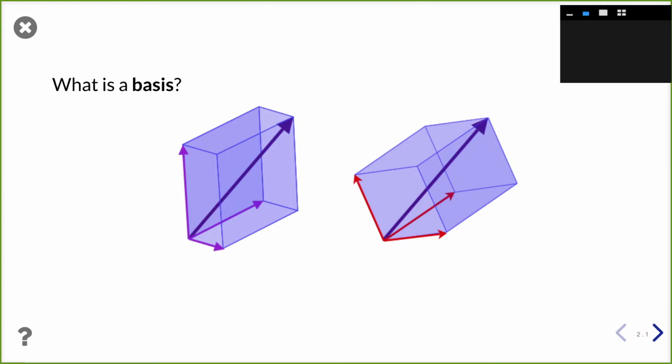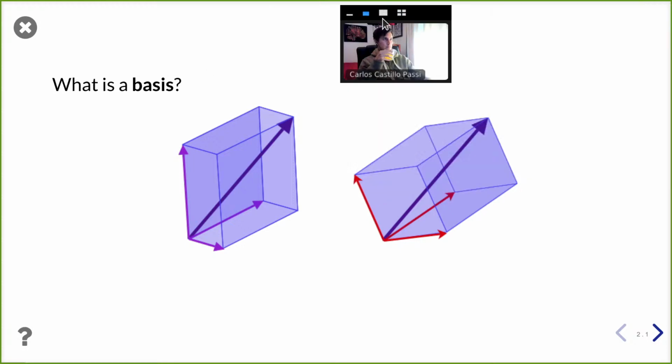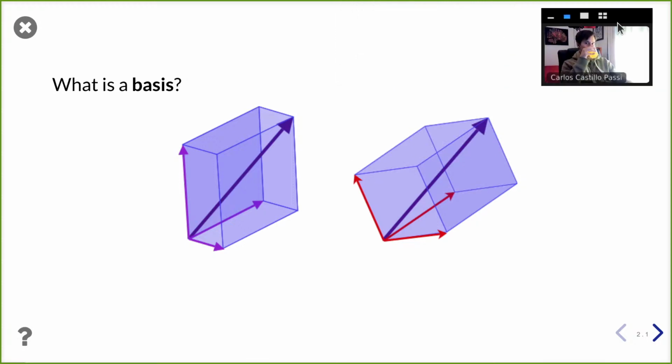Yes, the first one is linear independence. And the second one? It has to be a subspace of the same space. Yeah, the second one is that the linear combination of those vectors generates the space.